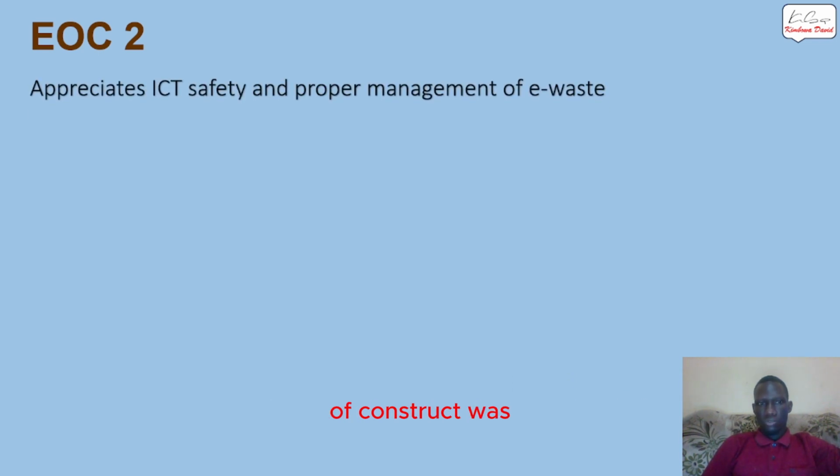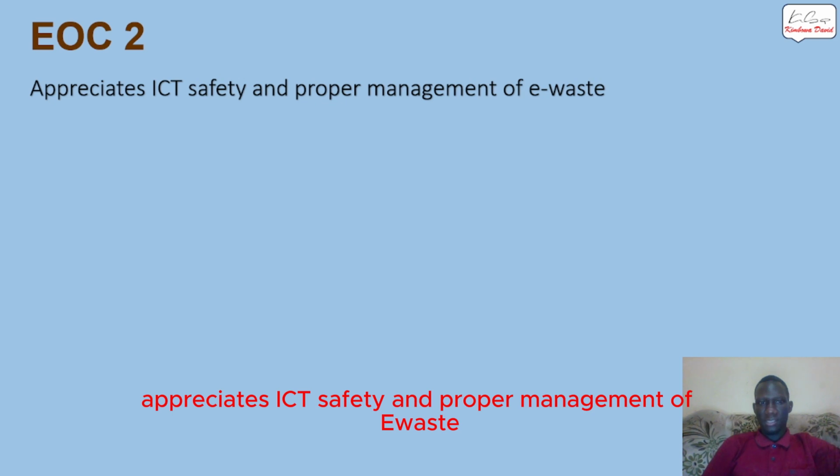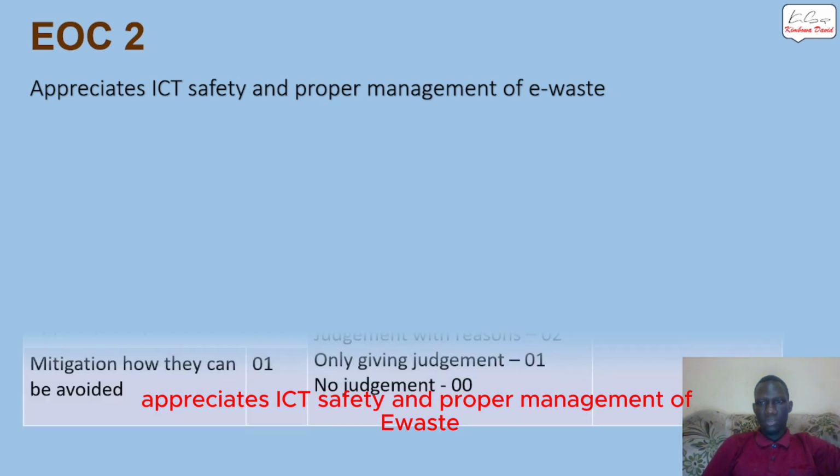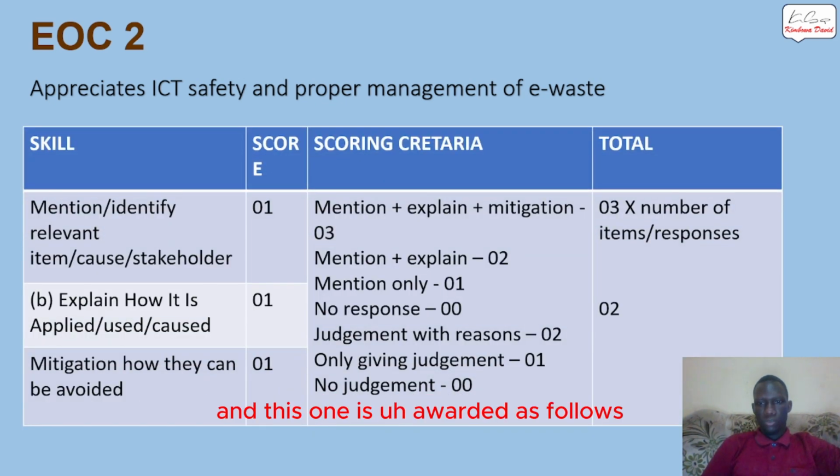Now we actually go to element of construct 2. Element of construct 2 was appreciates ICT safety and proper management of e-waste, and this one is awarded as follows. We need someone to mention or identify the relevant item, cause, or stakeholder.